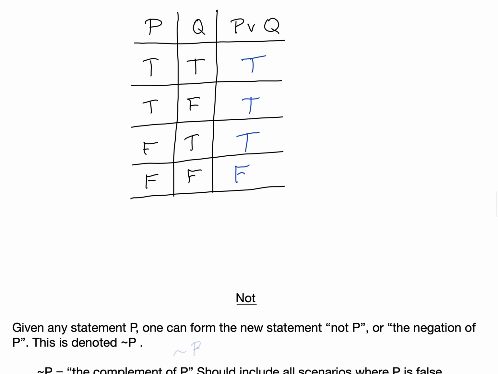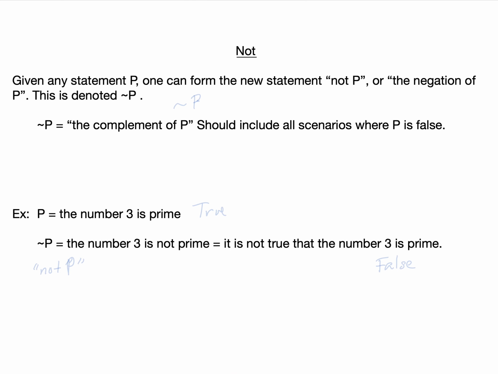Now let's look at the logical operator not. Given any statement P, one can form the new statement not P, or the negation of P. This is denoted tilde P, so not P. Not P is essentially the same as the complement of P. So it should always include all scenarios where the statement P is false.